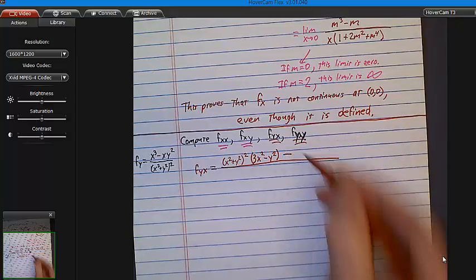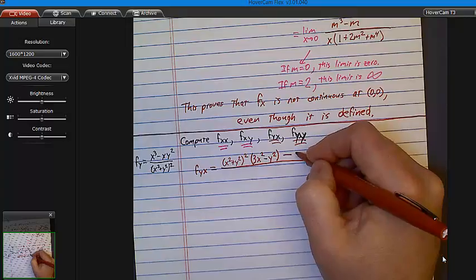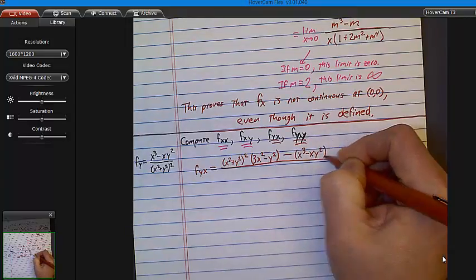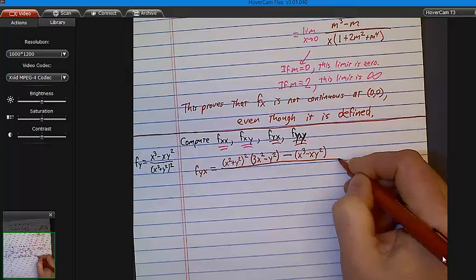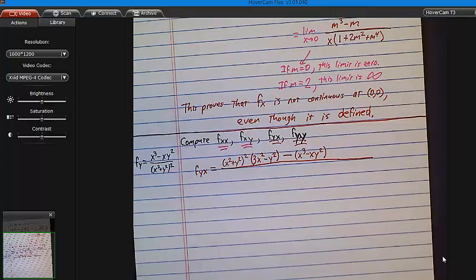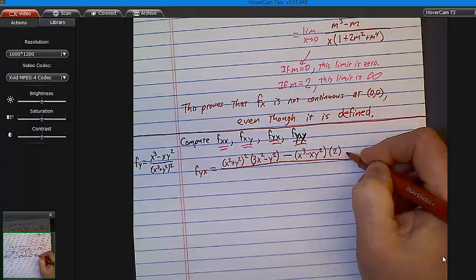Minus Ho-Dee-Hi. So Ho-Dee-Hi would be, well, I need the numerator, so it's x cubed minus xy squared times the derivative of the denominator. So we get bing, a 2.